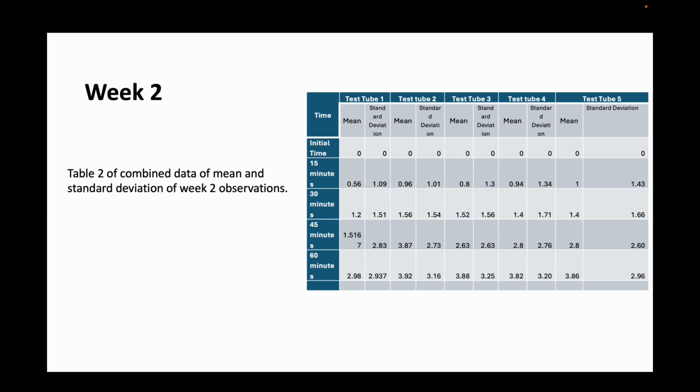So here is the data of week 2's observation, and this is the combined data of mean and standard deviation. In this table we can see that with the increasing temperature the mean and standard deviation are also increasing, which means that CO2 production is increasing with the increasing temperature and with the passing of time.